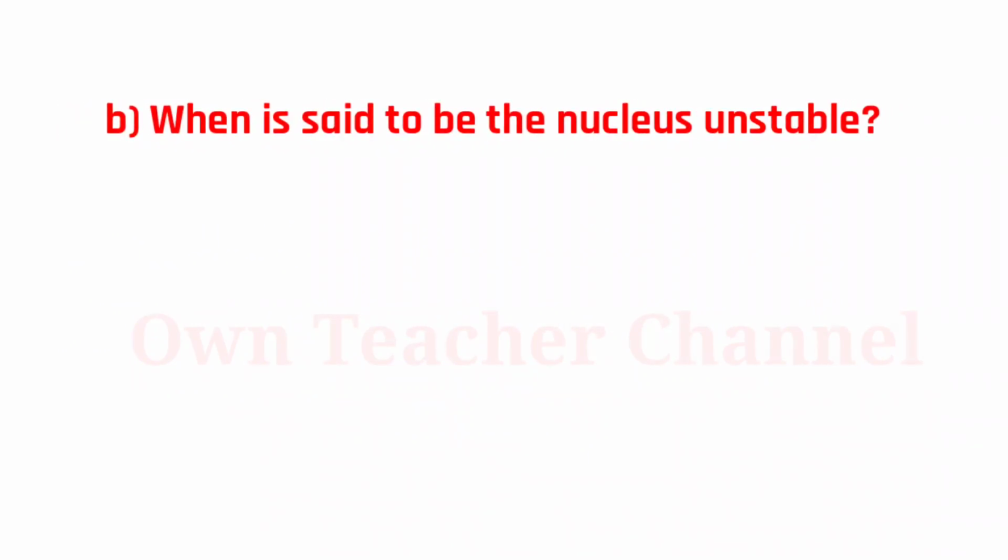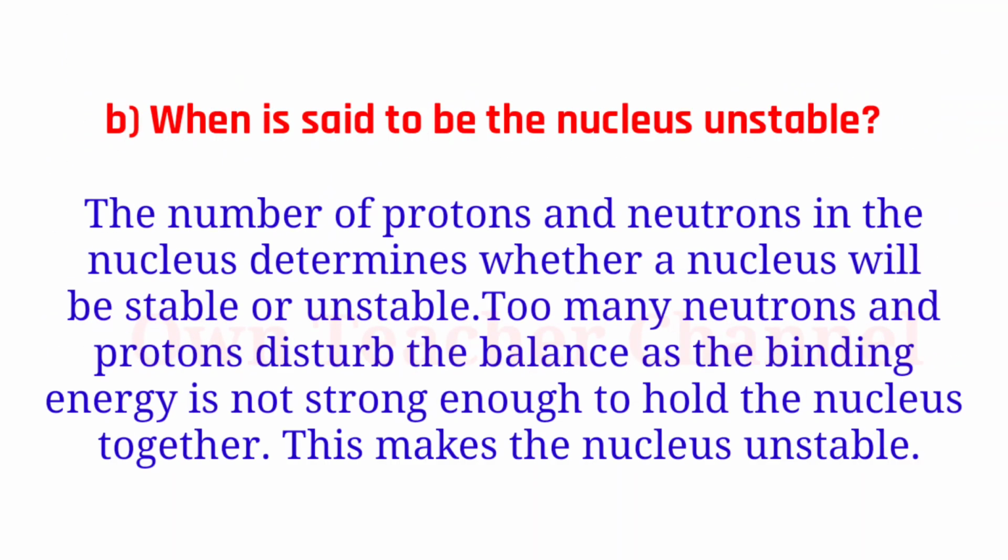B. When is a nucleus said to be unstable? The number of protons and neutrons in the nucleus determines whether a nucleus will be stable or unstable. Too many neutrons and protons disturb the balance as the binding energy is not strong enough to hold the nucleus together. This makes the nucleus unstable.